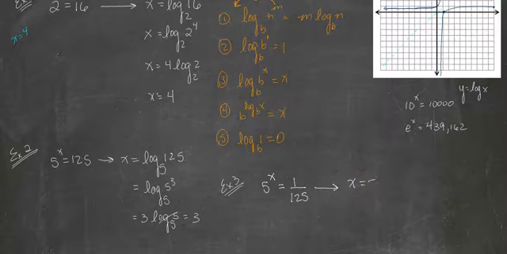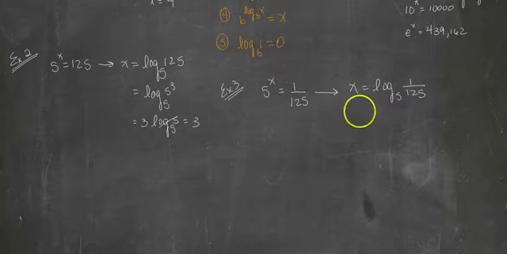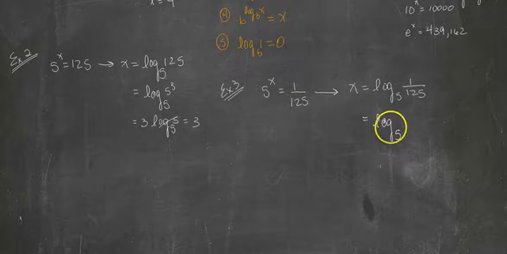x equals log base 5 of 1 over 125. But using the same logic I used here, well, let's convert this to log base 5 of 125 to the minus 1, right?